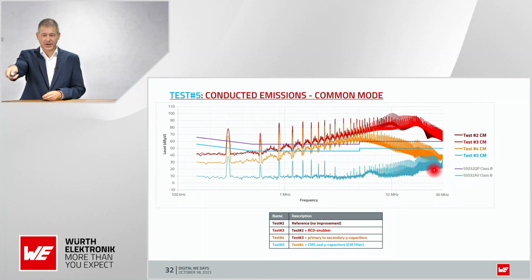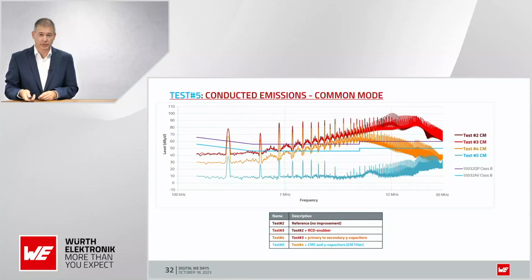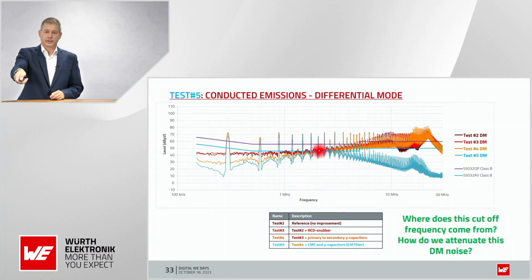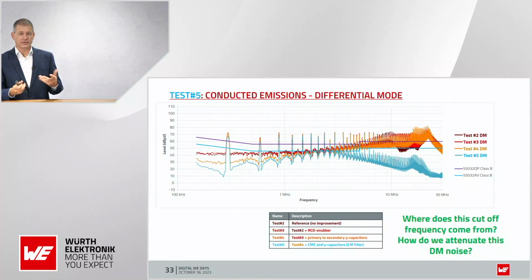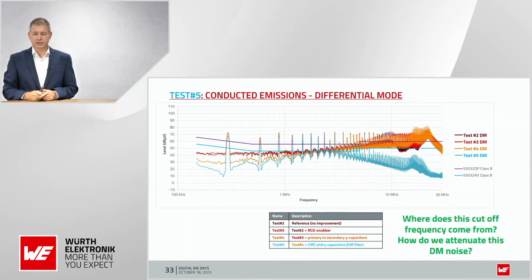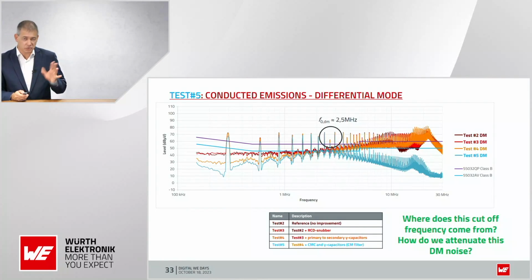Everything seems fine, but from the slide before we see the sum of both common mode and differential mode is not fine anymore. And as I show you here, we can see the differential mode itself is not completely clean. Now it's a question: where does this cutoff frequency come from? That's the first question. And how can we attenuate this differential mode noise? We have this at around 2.5 megahertz.